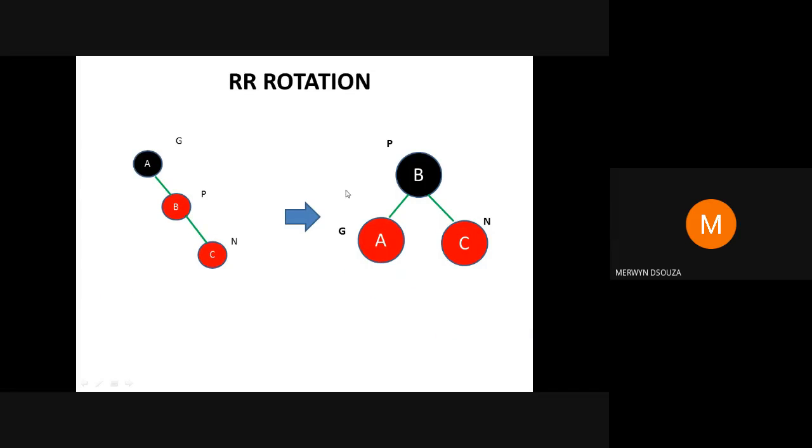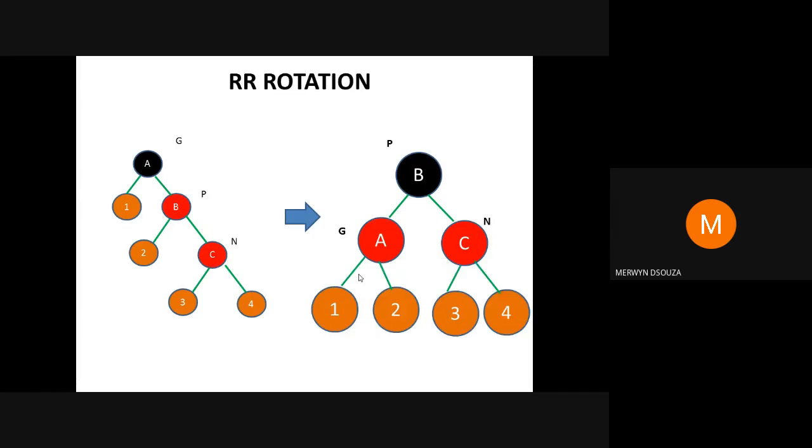Then similarly, your RR rotation will look like this. Just note it down. Again, don't copy the values G, P, and N that are there. Don't write this down.